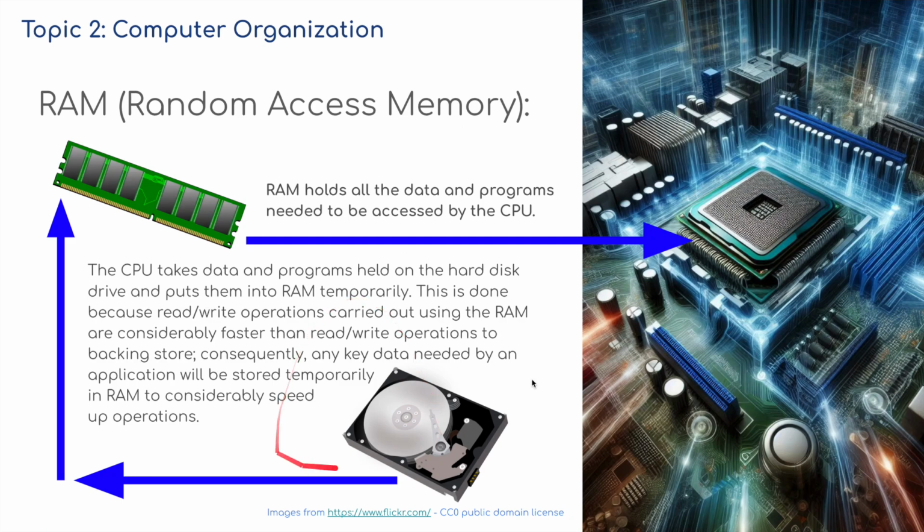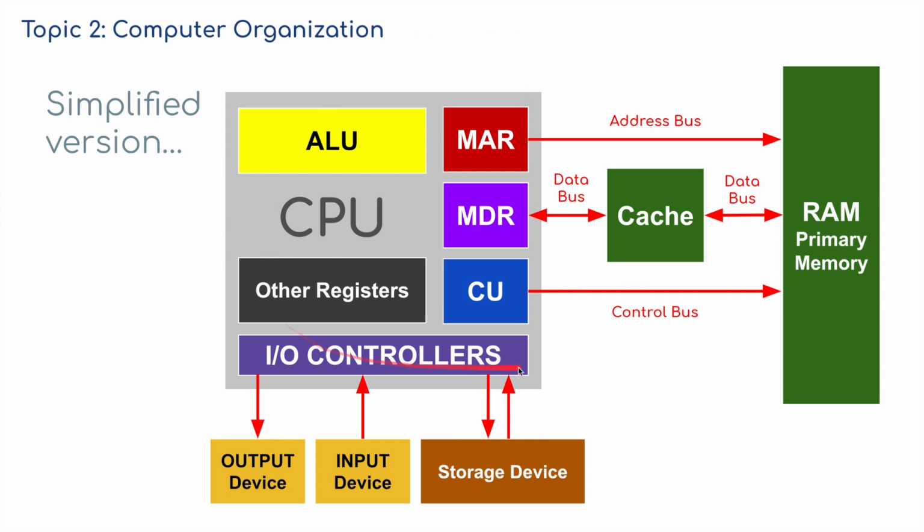So, as before, I'm going to show you the diagram from video 1 as well. Just to go back to the schematic from video 1 of the CPU and all the parts of the CPU: the arithmetic and logic unit, other registers, input and output controllers, links to the storage device, the MAR, the memory address register, the MDR, the memory data register, and the control unit.